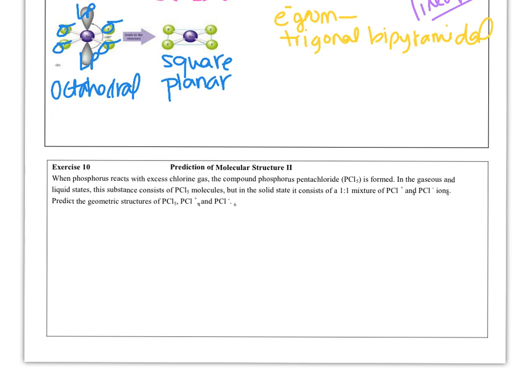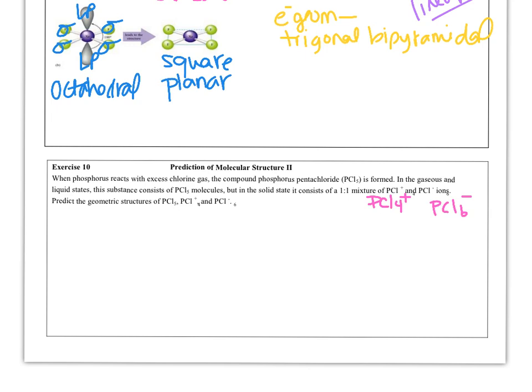I think my formatting got messed up. Predict the geometric structures of PCl5, PCl4 plus, and PCl6 minus.